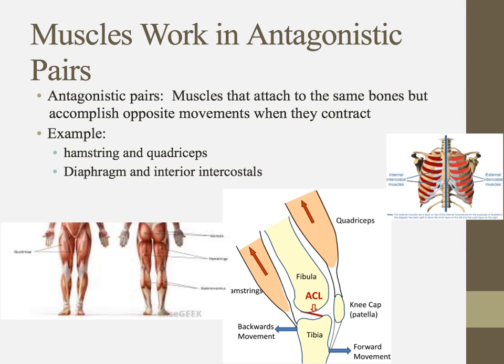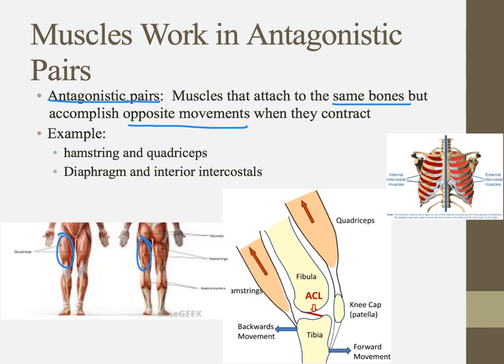Now, muscle contractions are great, but they need what we call an antagonistic muscle. Together they make up an antagonistic pair. These are muscles that attach to the same bones, but accomplish opposite movements when they contract. So imagine your quadriceps on the front side of your leg and your hamstrings.